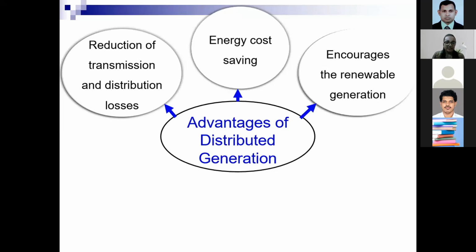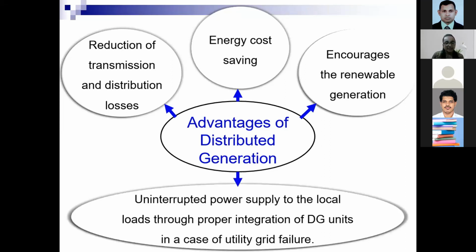And in addition to that, distributed generation encourages the unconventional renewable energy sources such as wind, solar photovoltaic, mini hydro, and biomass. In addition to that, even in a failure of the utility grid, the properly integrated distributed generating units can maintain an uninterrupted power supply to the consumers within a defined electrical boundary.